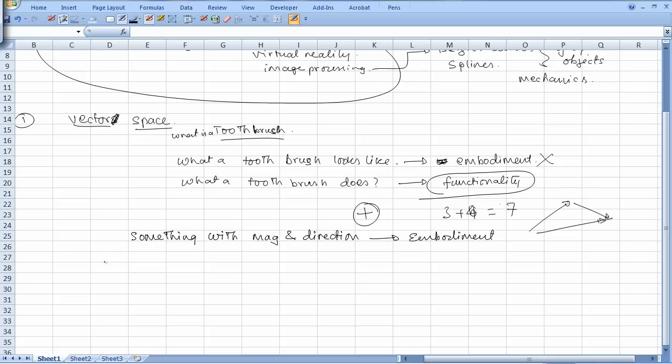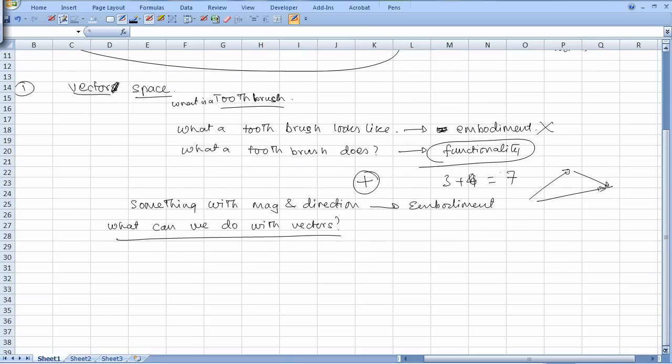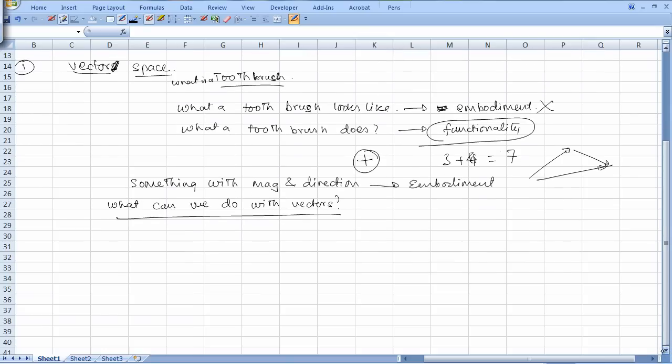The correct question we have to ask is, what can we do with vectors? Right? So when we talk about vectors in mathematics, we don't care what it looks like. We only care what it does. So what can we do?